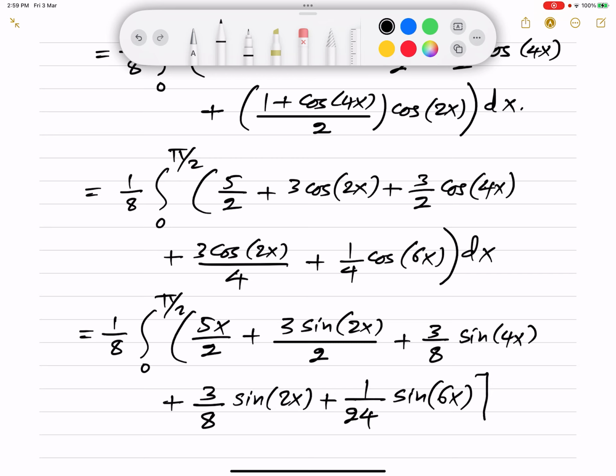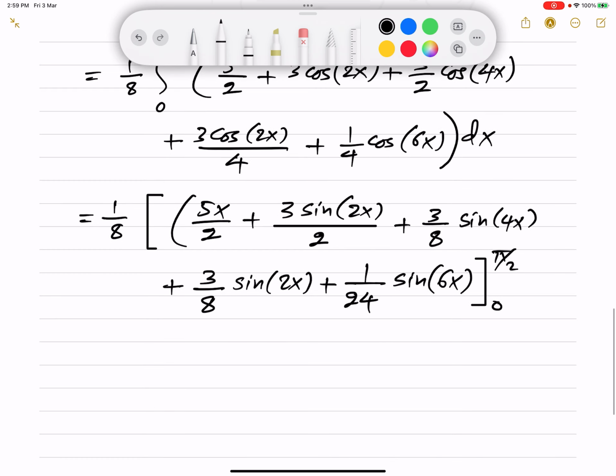I have already integrated, so I don't have to put the integral. I just need to evaluate all this from 0 to pi by 2, okay?